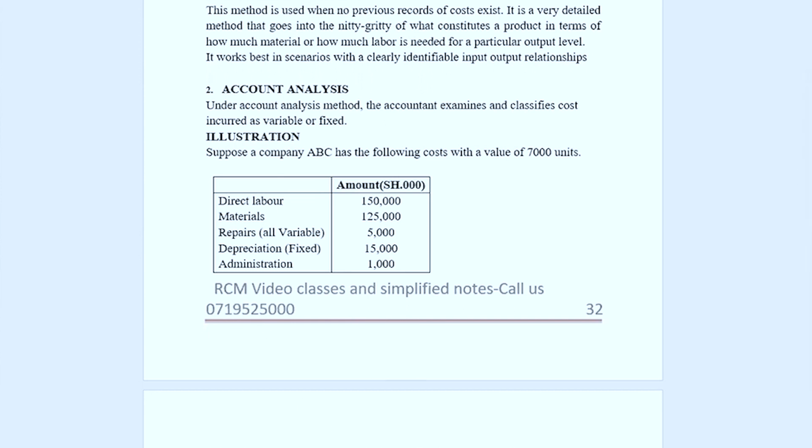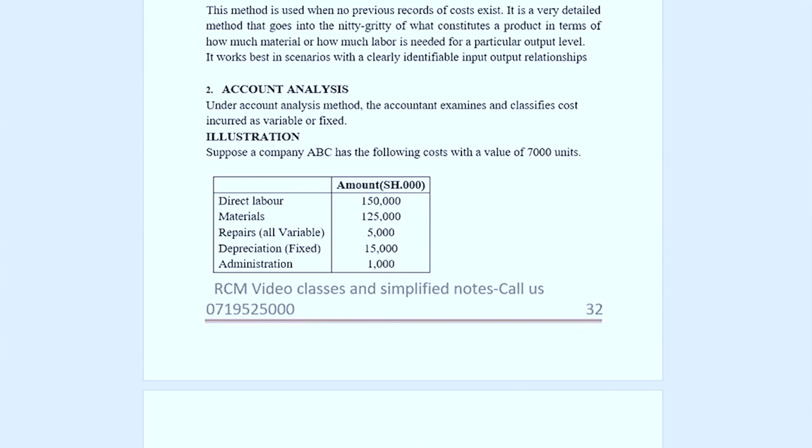So this is quite a straightforward thing. What I will do is copy down that table the way it is. We have direct labor, 150,000. We have materials, 125,000.